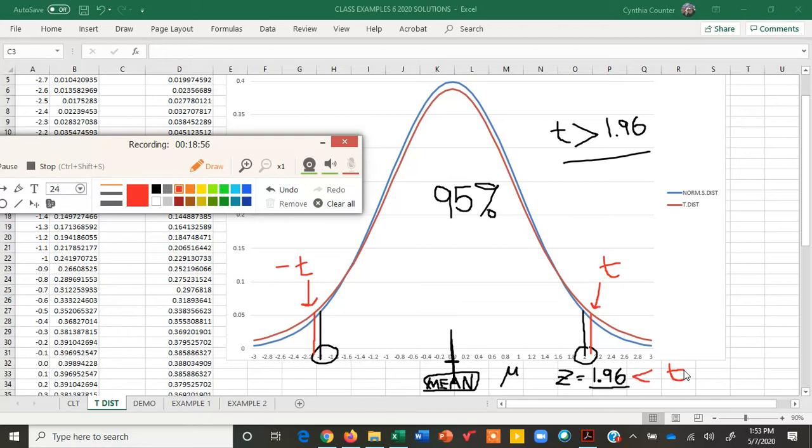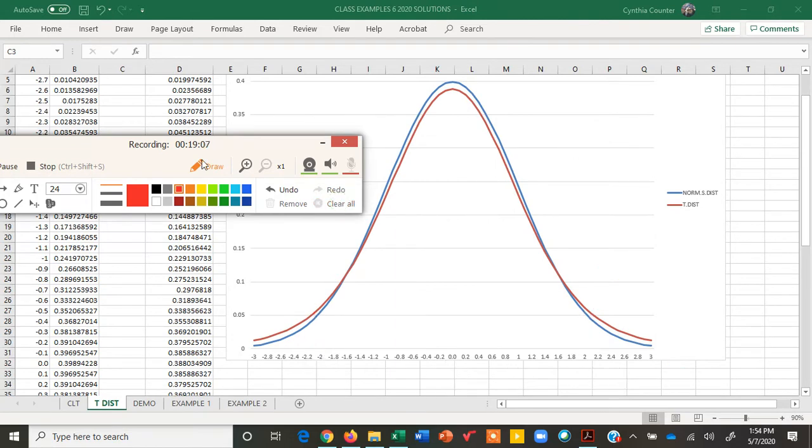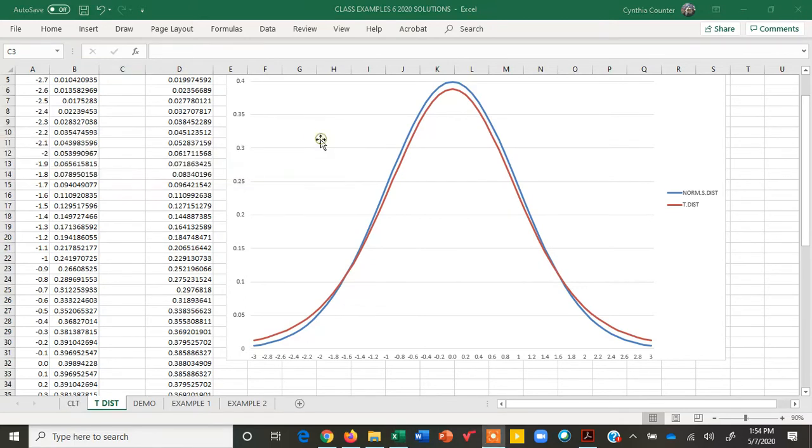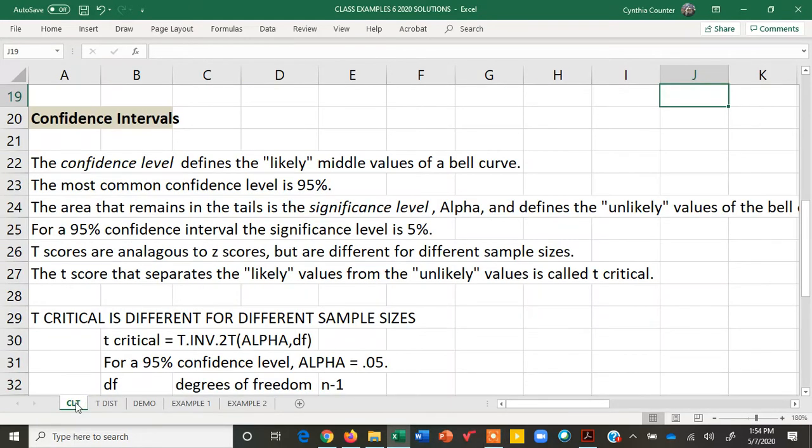All right, so it's important to know the sample size. So going back to our central limit theorem then, we see that if we want a 95% confidence level, that corresponds to a significance level of 5%.